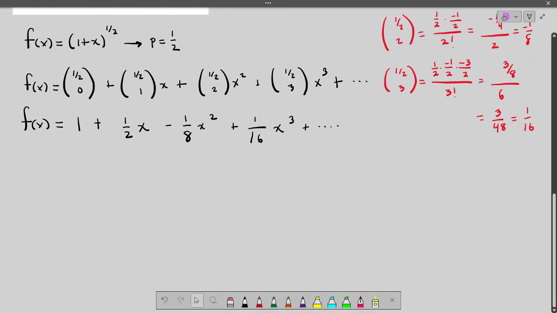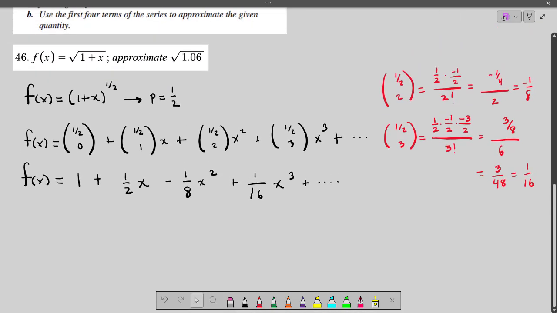So if we wanted to approximate, can you tell me what x is going to be here? Our binomial series here, the center is 0. But what is x going to be? If we want to get an approximation for 1.06, we have to come over here and say, well, it's 1 plus x. That's going to be 1.06. So x is going to be 0.06.